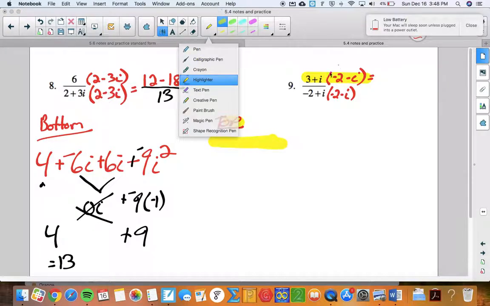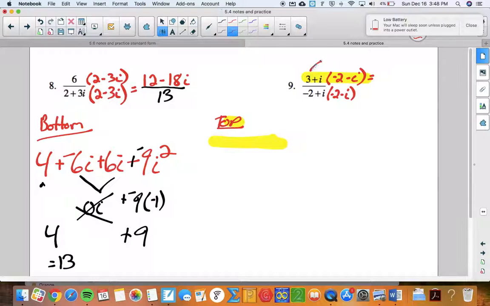So when I FOIL, I get -6 minus 3i and then -2i minus i squared.